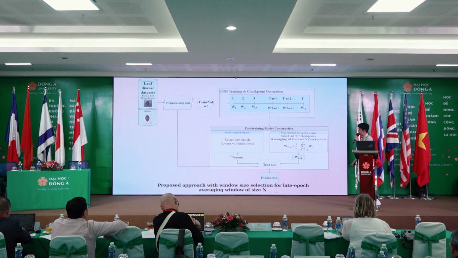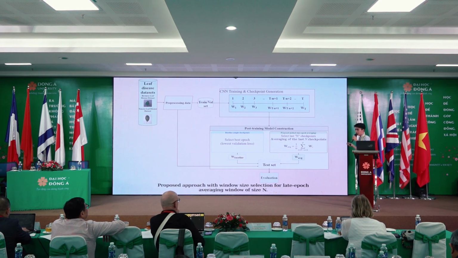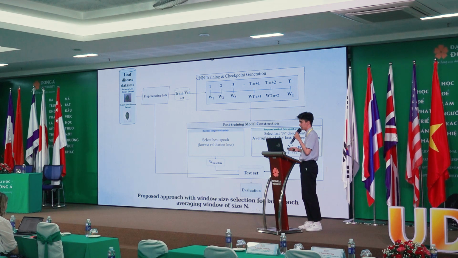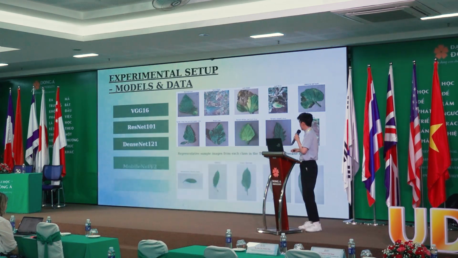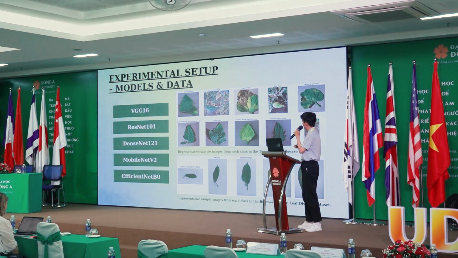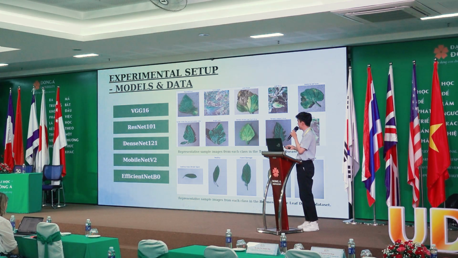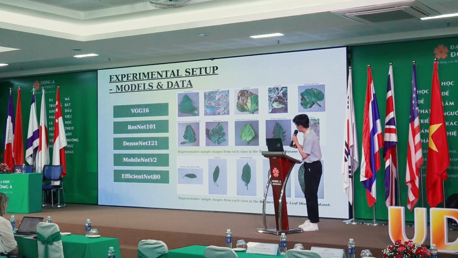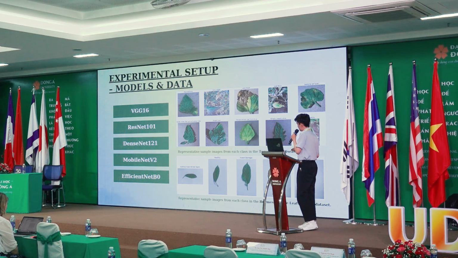After that, during the training phase, we use a queue to store the last 10 checkpoints to use for averaging in our method. We use 5 different CNN architectures: VGG16, ResNet101, DenseNet121, MobileNetV2, and EfficientNetB0.